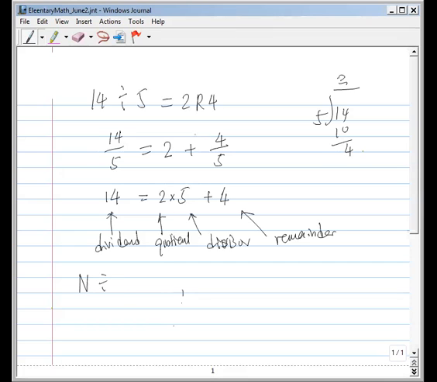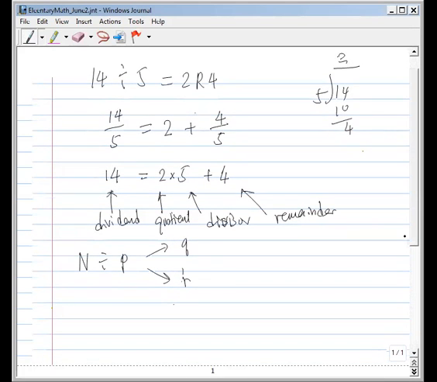A number P is divided by a divisor, then you get a quotient Q, and you also get a remainder R. Then the general relationship is P equals the divisor times Q plus R. It doesn't matter which one is first.